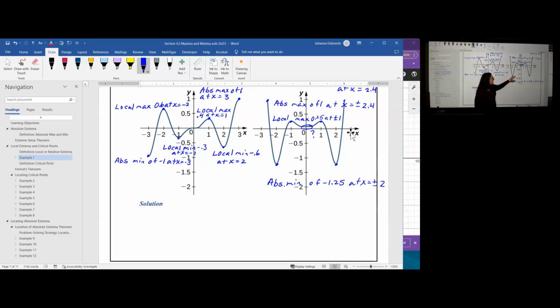We have only one absolute minimum value, about negative 1.25, but again, it occurs in 2 places, at 2 and at negative 2. We clearly do have some local maximums of about 0.25 at negative 1 and at 1.